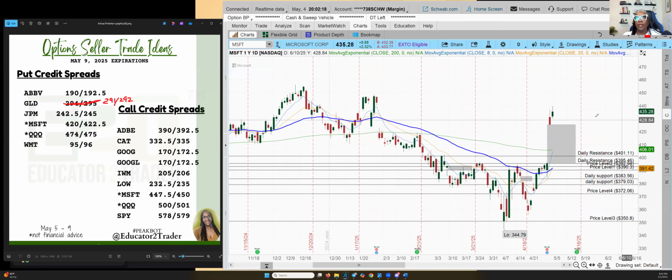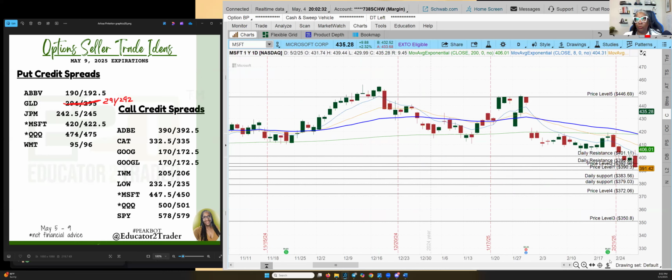Okay, we're always looking for support and resistance, all right? For those of us who are still learning charting, we're starting at the very minimum with support and resistance and looking at the gaps. That's the very minimum.